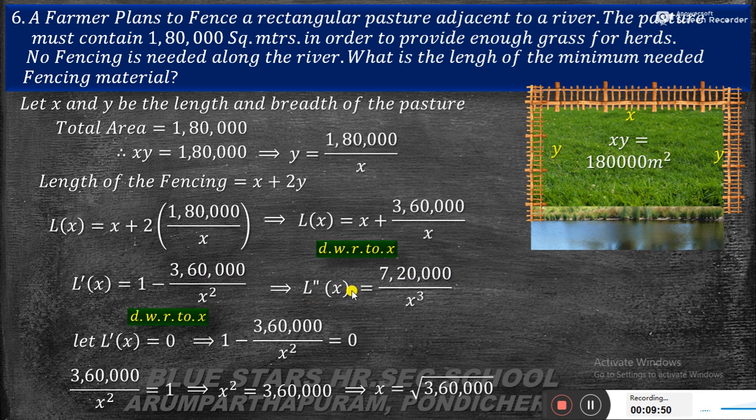Now L dash of x equal to 0 means 1 minus 360,000 by x square equal to 0.